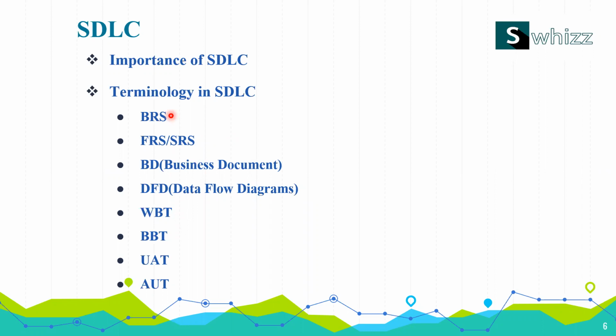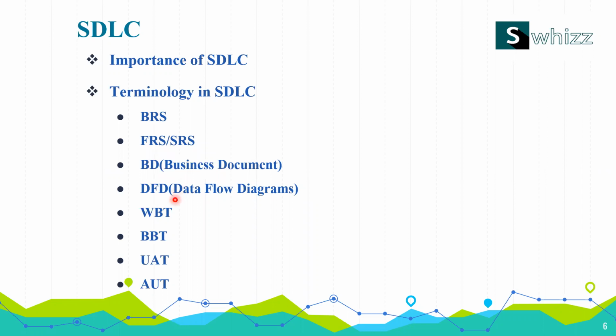Later, to turn these requirements into features, the business analyst prepares the functional requirement specification document. These documents help us refer to and understand the requirements well.